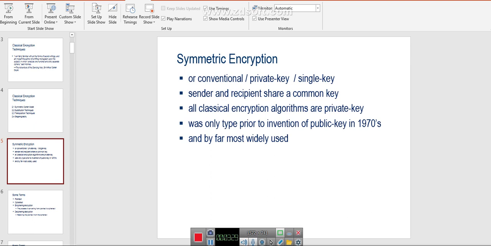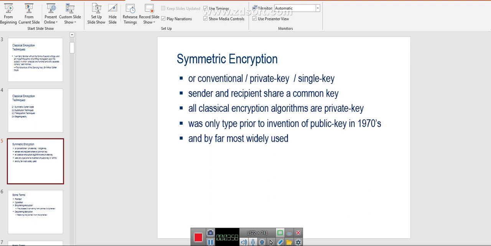And all classical encryption algorithms have what we call a private key. Symmetric encryption was the only type of encryption prior to the invention of the public keys. This was during the 1970s.